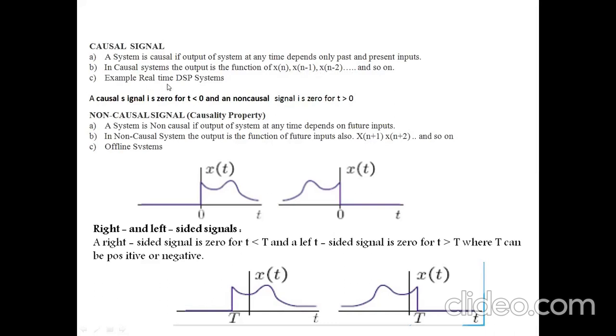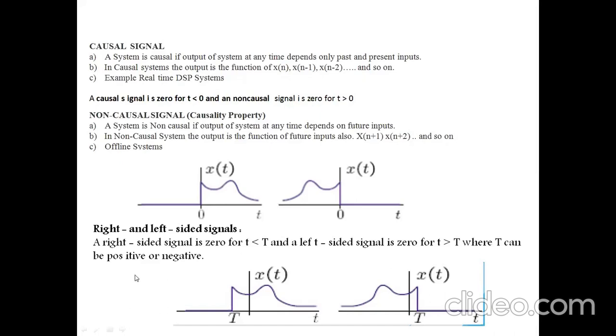Examples are real-time DSP systems. Similarly, a system is non-causal if its output depends on future input, for example x of n plus 1, x of n plus 2 and so on. Generally, it is considered for offline systems.